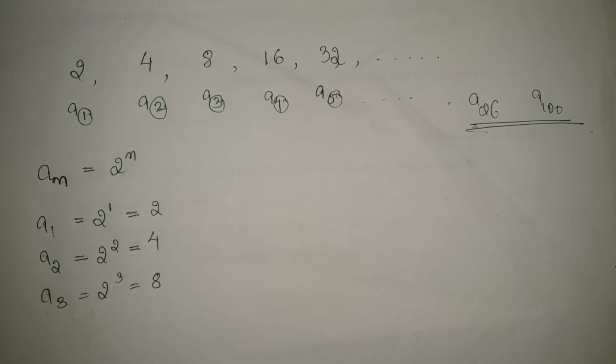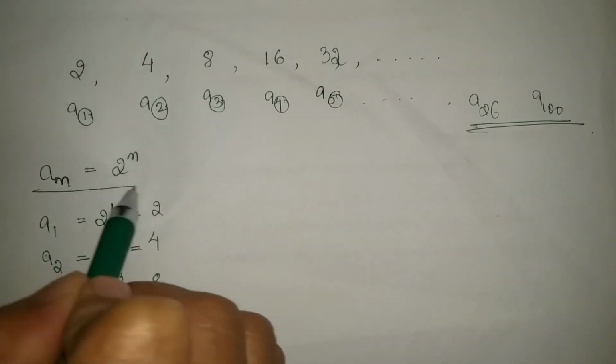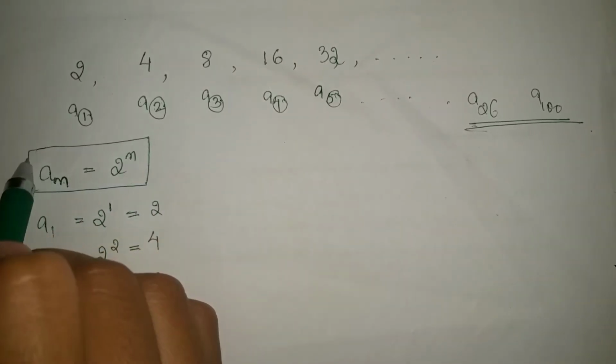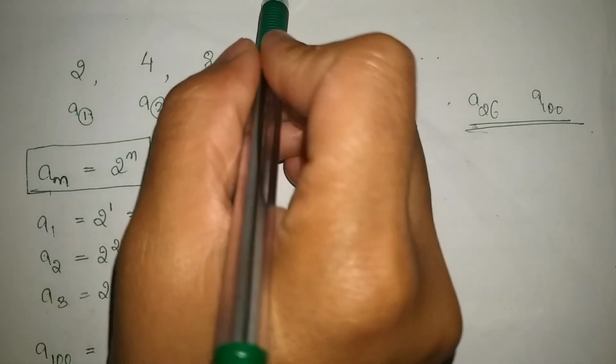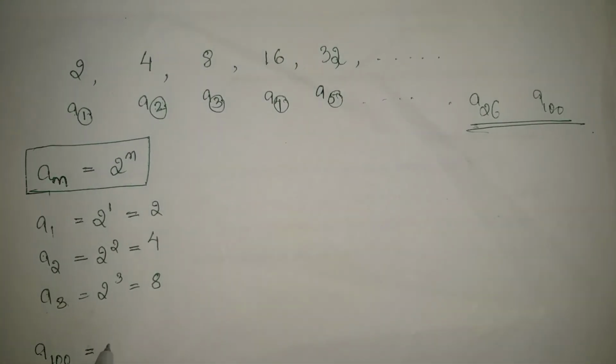If I want to find out the 100th term, that is a100, I'm using this particular law, so it will be very easy for me to find even a100. It will be 2 to the power 100. If you calculate this, then you will get a100.